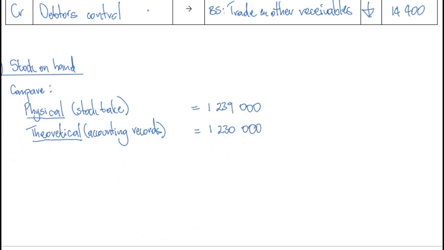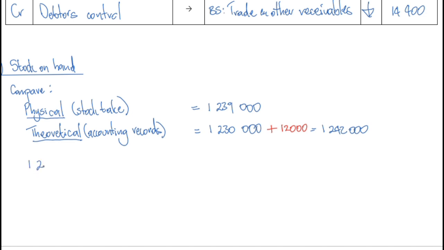So that means our new theoretical balance in our accounting records is 1,230,000 that we are given plus the adjustment of 12,000. This gives us a new theoretical balance of 1,242,000.